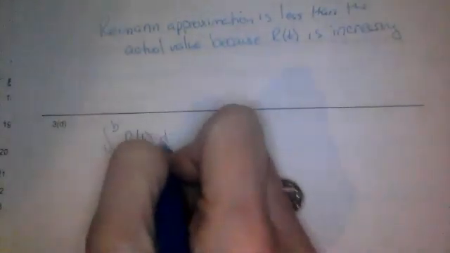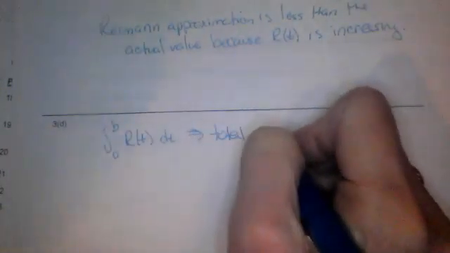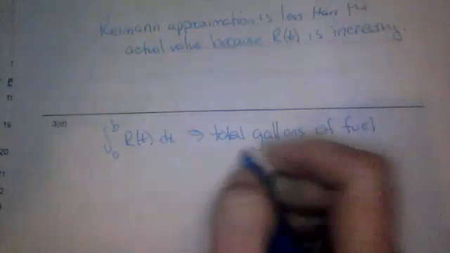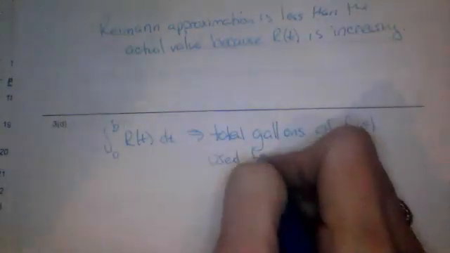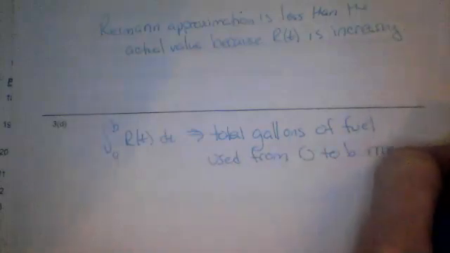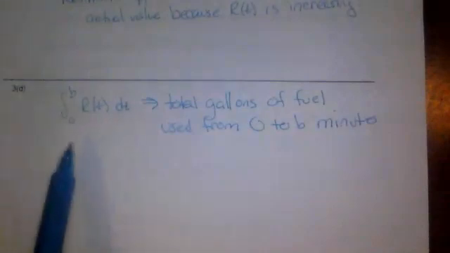So as far as describing what this means, the integral from 0 to b of r of t with respect to t would be the total number of gallons of fuel that was used from 0 to b minutes.